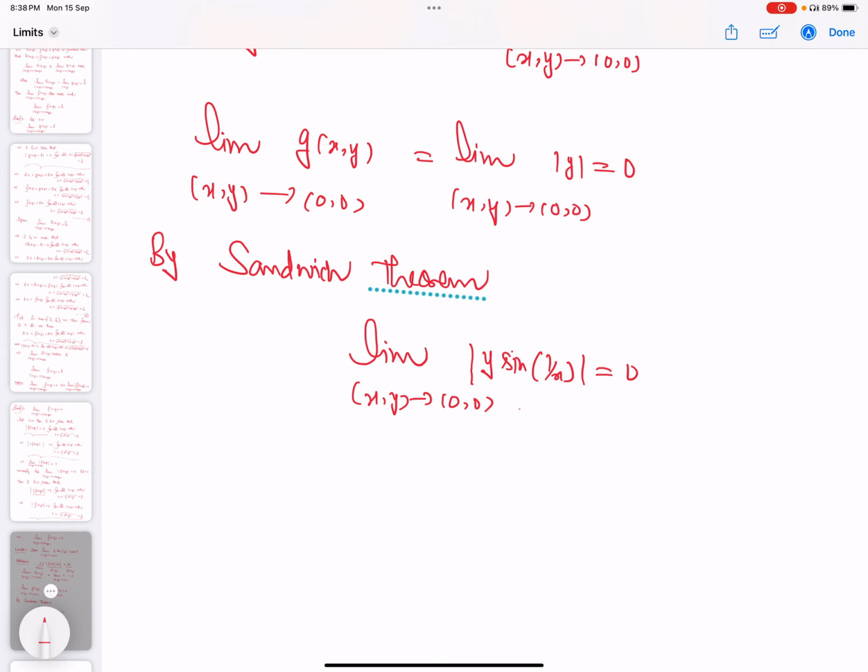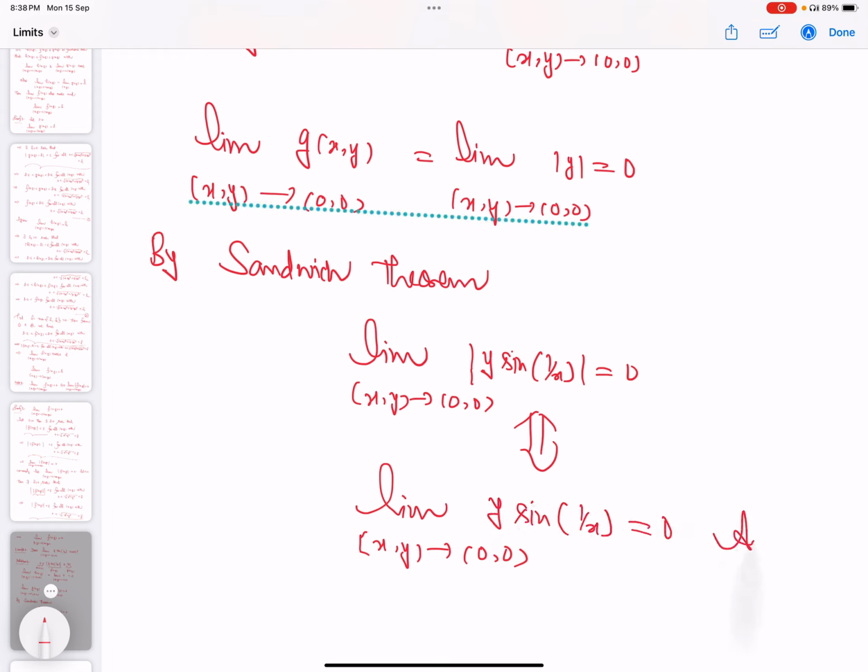Because this is the absolute value, this holds if and only if the limit as (x,y) tends to (0,0) of y sin(1/x) is 0. So the limit exists and is equal to 0.